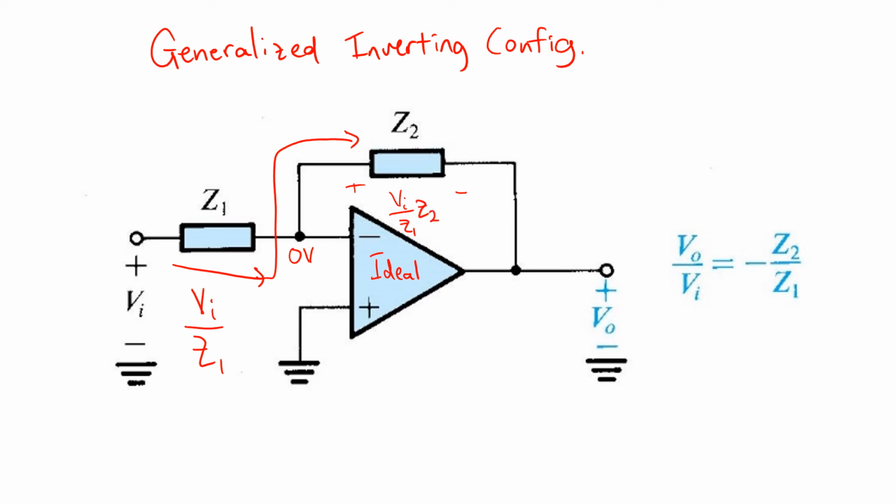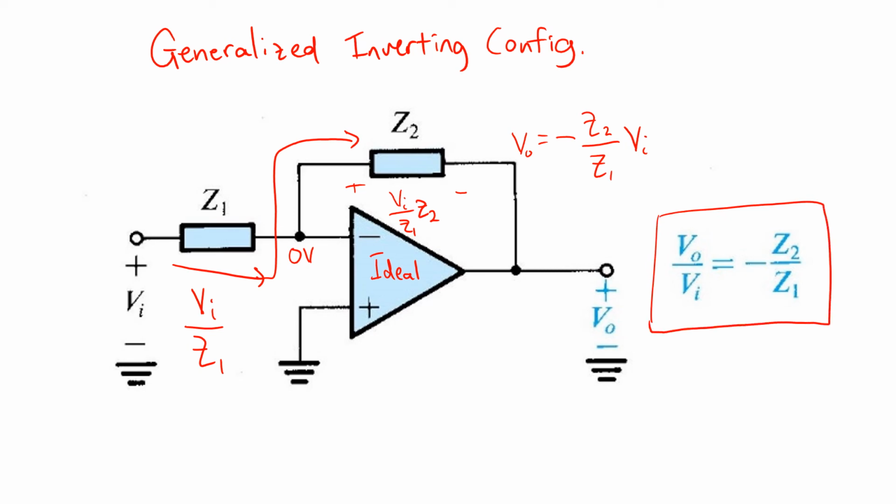So therefore, the output node VO is simply equal to negative that voltage drop, Z2 over Z1 times VI. Hence, the gain of this generalized inverting configuration is negative Z2 over Z1.